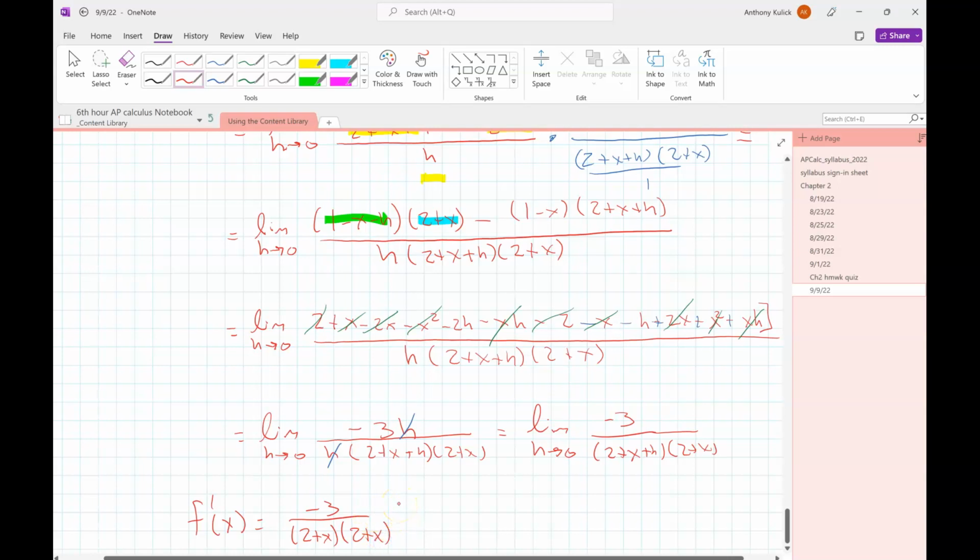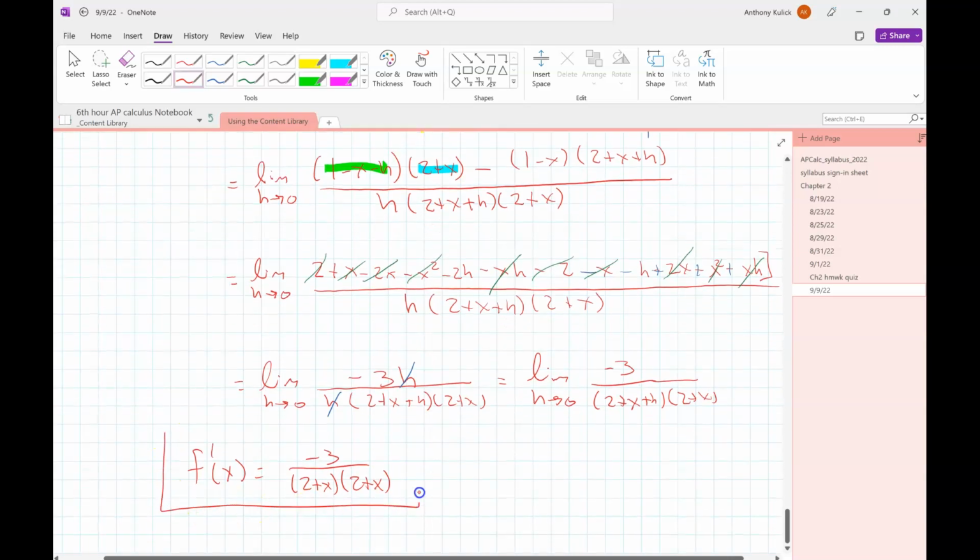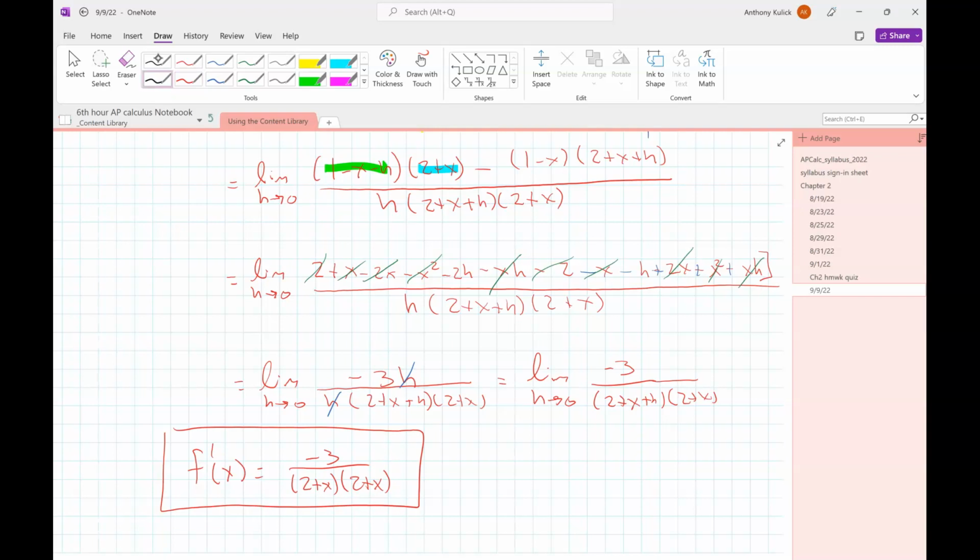And if you want to write that as 2 plus x squared in the denominator, that's okay too. Whew. Those quotients, man, they're a doozy. Great way to describe it.